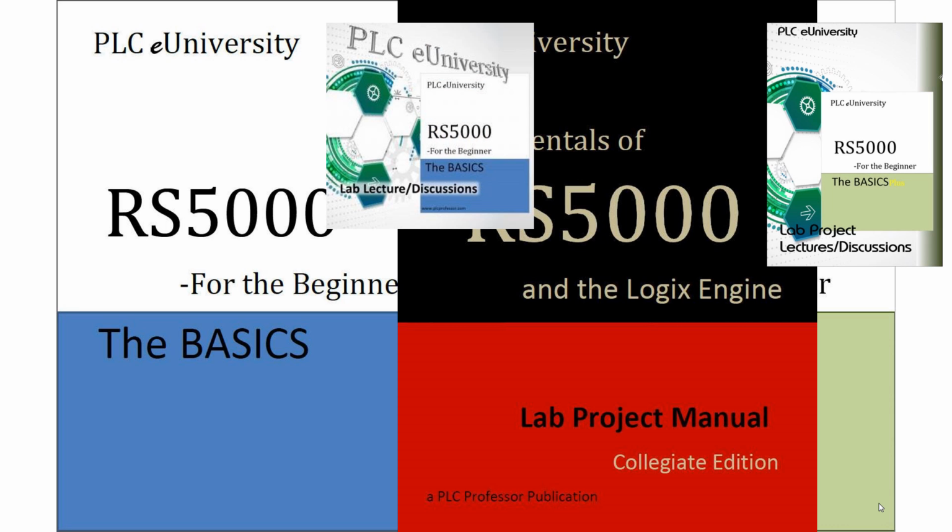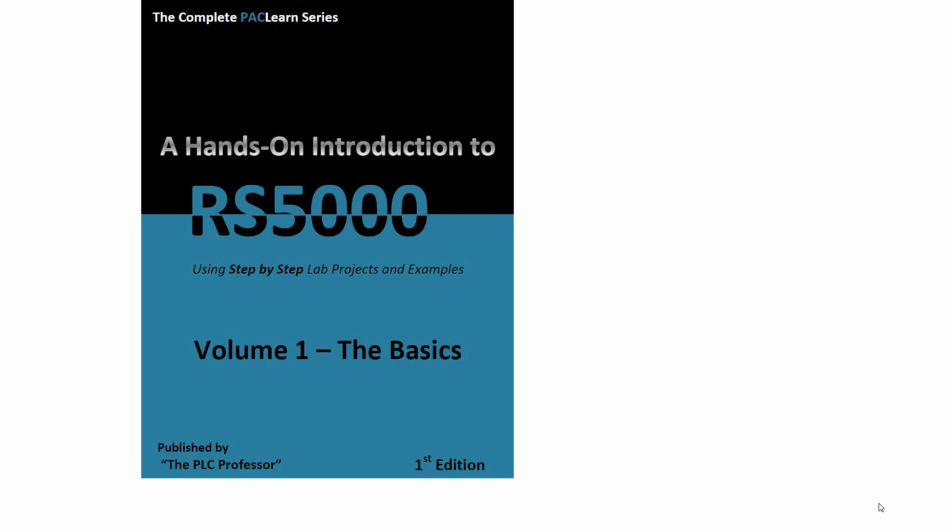Now, the video disc sets for the blue and the green one, you're going to find most of those lab projects in the red manual. So there's not a separate video disc set for RSLogix 5000, the Collegiate Edition. The lab discussions are going to be on these same two discs. And actually, these were our first RSLogix 5000 manuals.